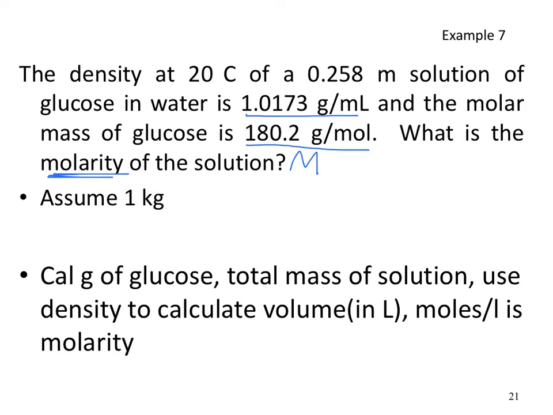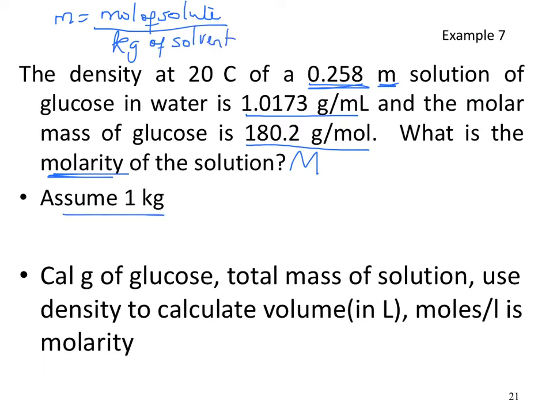Since we are given 0.258 molar solution, I want to kind of define for myself what that is. Since molality is given as moles of solute divided by kilograms of solvent, and I'm supposed to assume that I have 1 kilogram of the solvent.